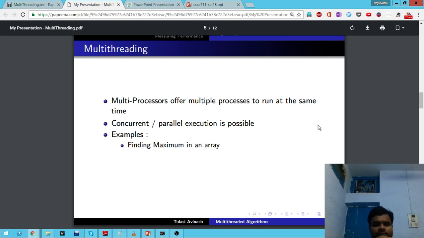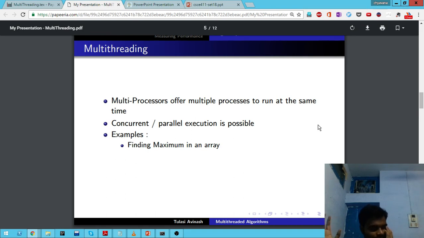Now let us look at a few fundamentals of multi-thread algorithms. Multiprocessors, as I told earlier, are today's trend. They offer multiple processes running at the same time, which is called the concurrent or parallel mode of execution.